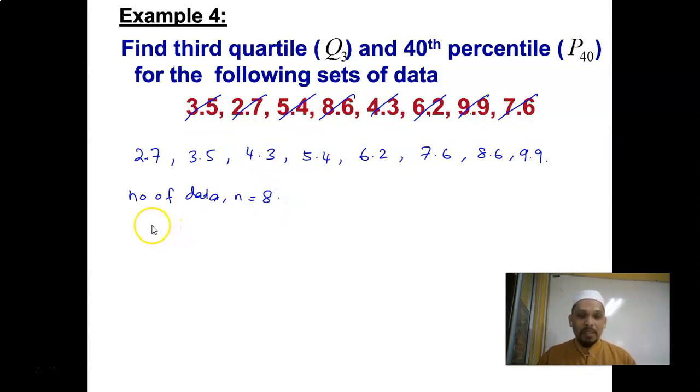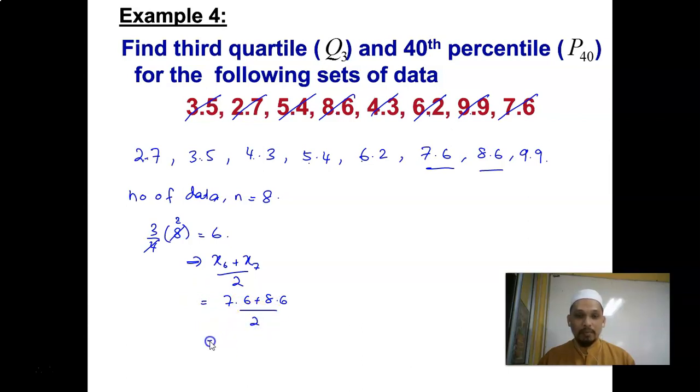So the third quartile is at 3 over 4 multiplied with the number of data, which is 8. 8 divided by 4 is 2, times 3 equals 6. Because this is an integer, we look at the 6th observation plus the 7th observation divided by 2. 1, 2, 3, 4, 5, 6 and 7, which is 7.6 plus 8.6 divided by 2 equals 8.1.